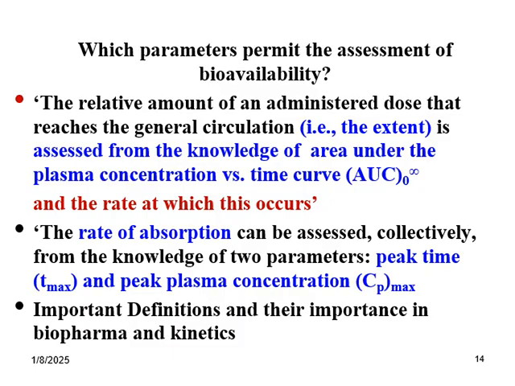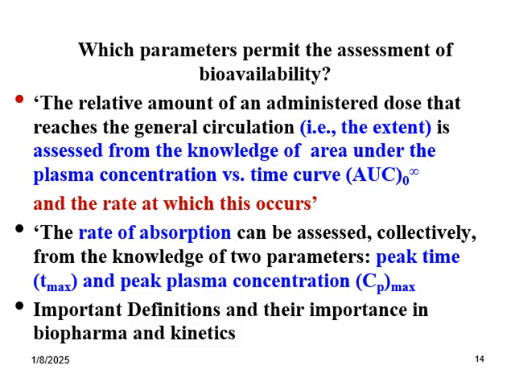And bioavailability can be assessed from the knowledge of area under the plasma concentration versus time curve. We call it AUC, area under the curve. A means area, U means under, C means curve. And besides that, also the rate at which this occurs.